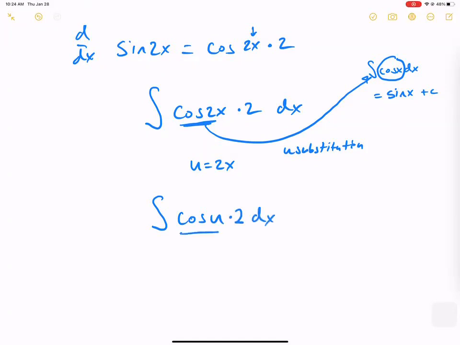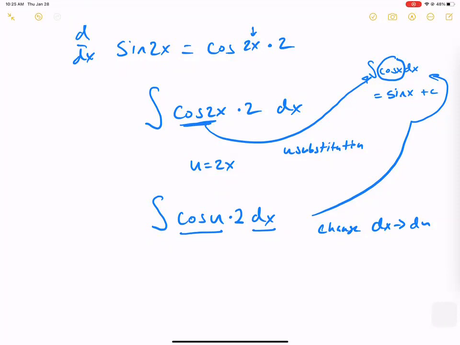Now, cosine u and dx is not my identity, is it? Okay, it's not. So I need to change dx to du. Now let me ask you, what is dx, right? And how do I get dx? The way I get dx is the derivative of x. Can you guys agree with that?